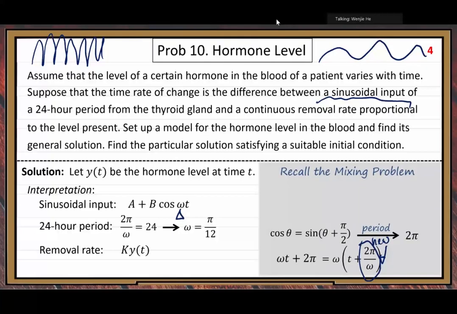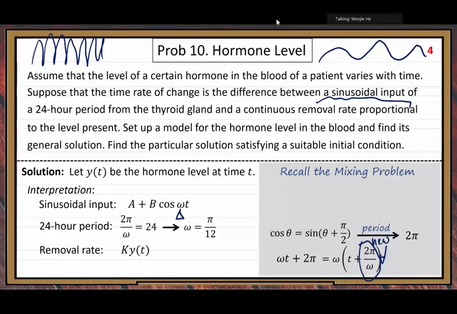We call it the mixing problem. This model is different from our mixing problem, but you can see the rule, because it has inflow and outflow like the mixing problem. Inflow is the input, outflow is the removal rate.